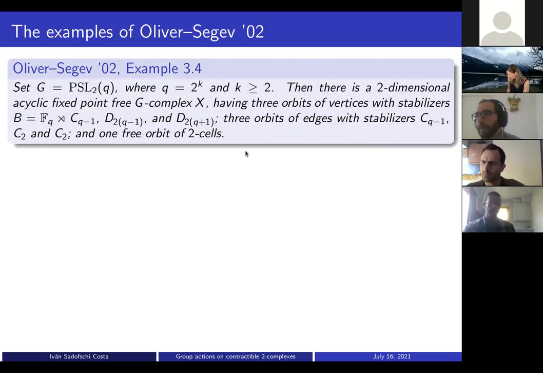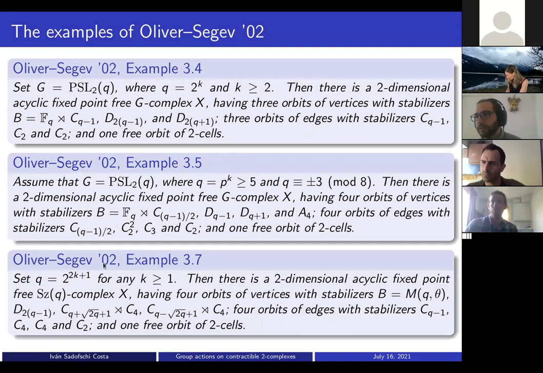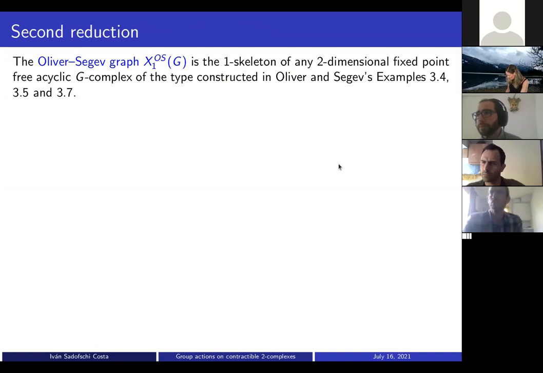So there are many ways to do this. For the other families in the classification, there are also sets of examples which are similar. Now we define the Oliver and Segev graph as follows. It is the 1-skeleton of any two-dimensional fixed point free acyclic G-complex of the type constructed in these examples.